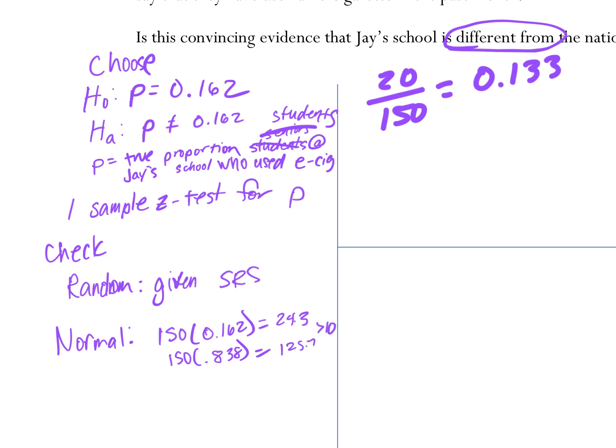All right, so because those two numbers are greater than or equal to 10, what does that tell us? Our assumed P hats are approximately normal. On your quiz, I did not mark you wrong if you didn't make that statement on your test. I do want you to do so, okay?